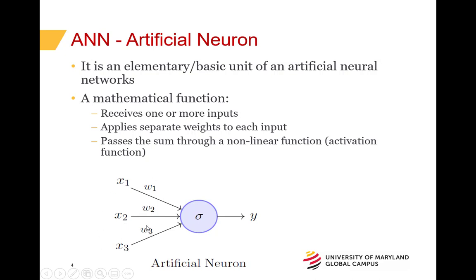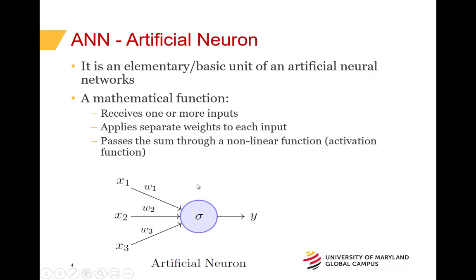So a linear combination of this is entered into the neuron. It passes the sum through a nonlinear function. Now, we haven't discussed activation functions. The combination of the three things is transformed through a function called the activation function.